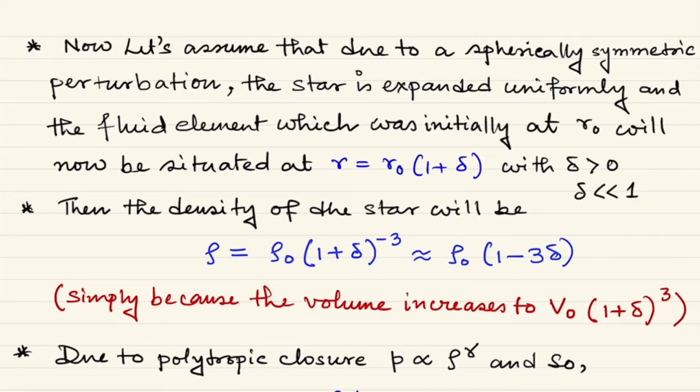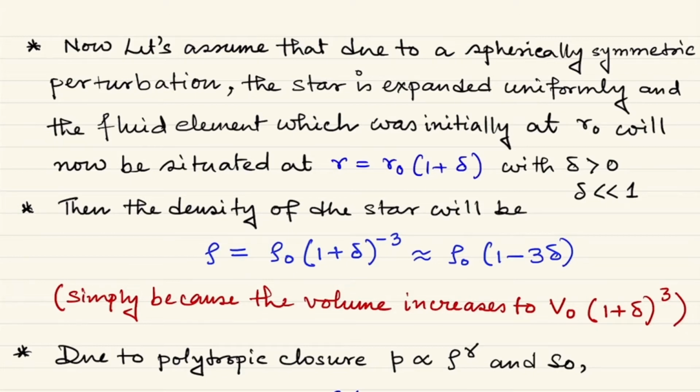It's a very small perturbation. If this is true, then the density of the star can be written as rho equals rho 0 times 1 plus delta to the power minus 3.